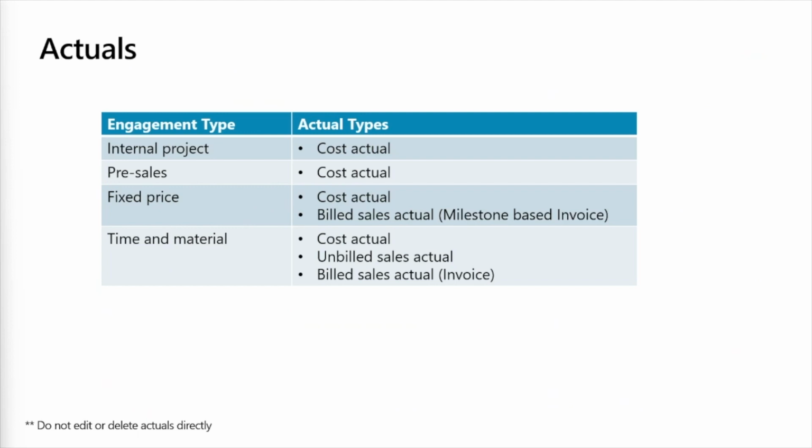It can be expenses or time entries that need to be posted so that we can start getting those actuals automatically. Depending upon the engagement type, we can have internal projects, and these are some of the actual types that will automatically get generated.